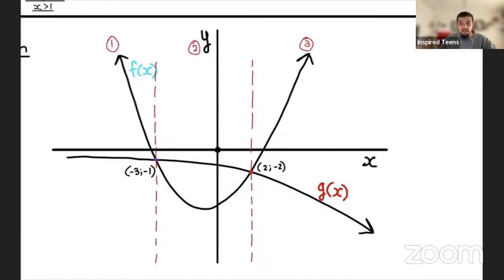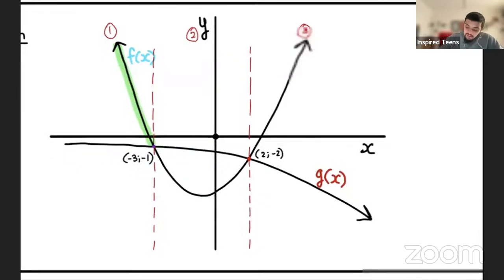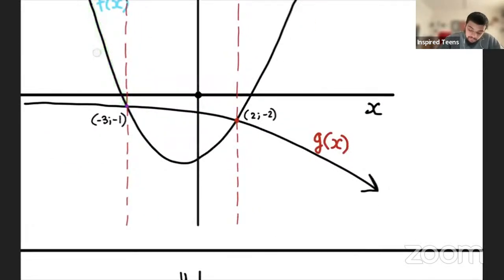Okay, 3 different sections. Now, if we compare f of x and g of x here, we can clearly see which one is above. Definitely f of x. F of x is above g of x for this particular portion. Now, let's look at the next part. F of x, g of x.